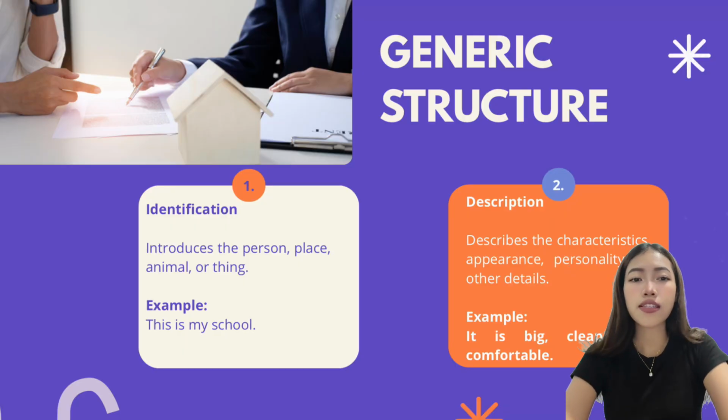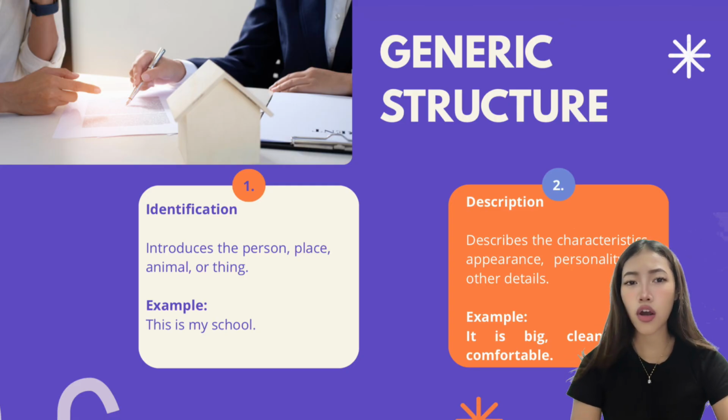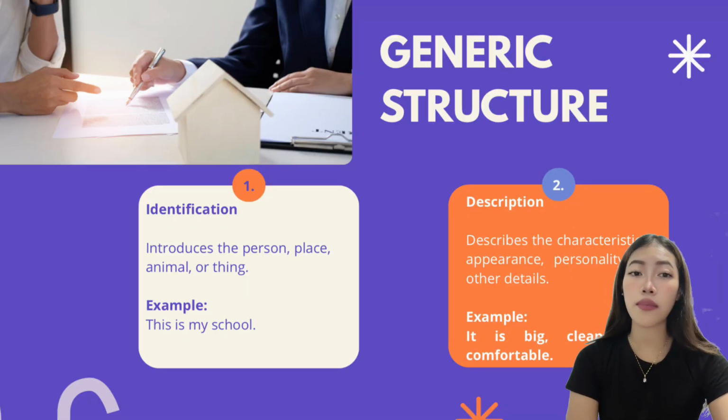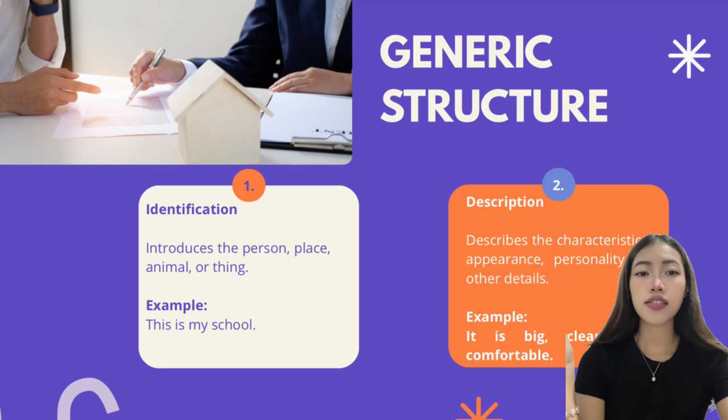This is where we explain the details such as appearance, personality, size, color, or other characteristics. So, whenever you write a descriptive text, remember this simple order. First, introduce the topic, then describe it in detail. That's all.